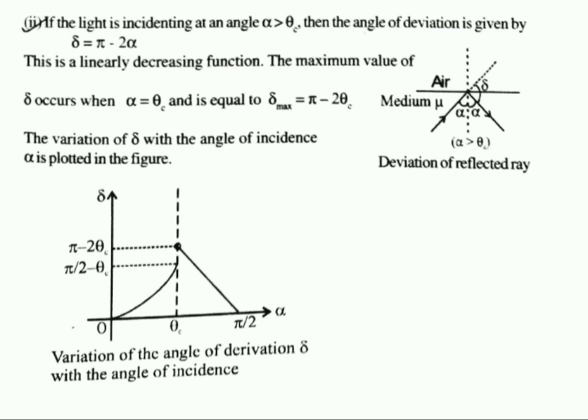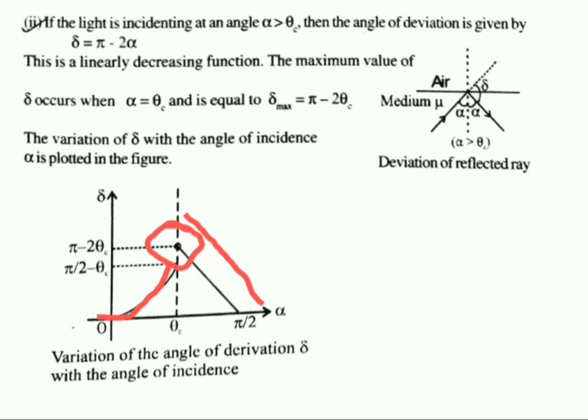As the angle of incidence in the denser medium is gradually increased from 0 to theta c and above, from 0 to theta c, what is happening to deviation? It is first increasing non-linearly till pi by 2 minus theta c. For any angle above this, it will undergo total internal reflection, so the deviation will become pi minus 2 theta, and then it decreases.